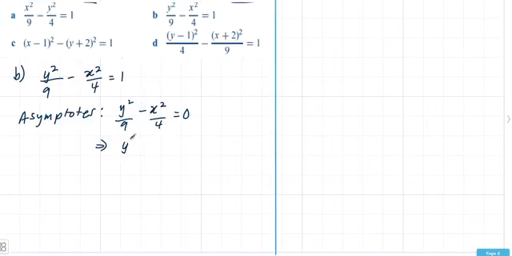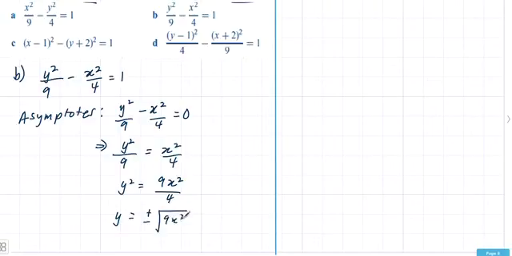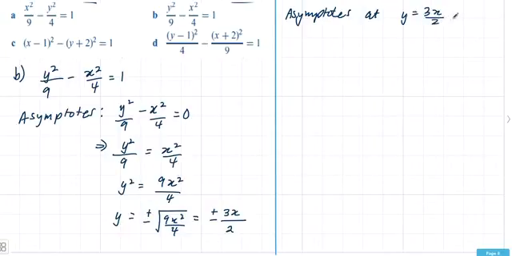We can solve this. Y squared on 9 equals x squared on 4. The 9 is going to go up because it's multiplying, and then we're going to take plus or minus square root of all that. Square root of 9 is 3, square root of x squared is x, and the square root of 4 is 2. So our asymptotes are going to be at y equals 3x on 2 and y equals negative 3x on 2.